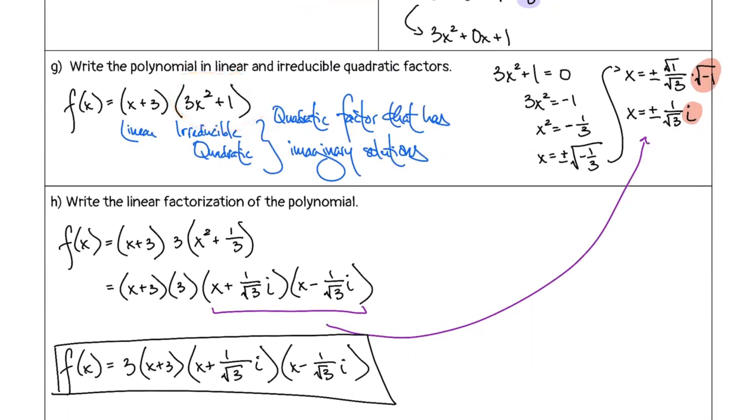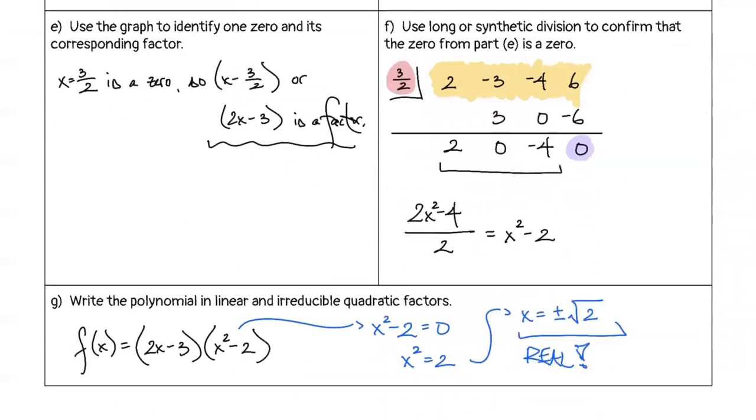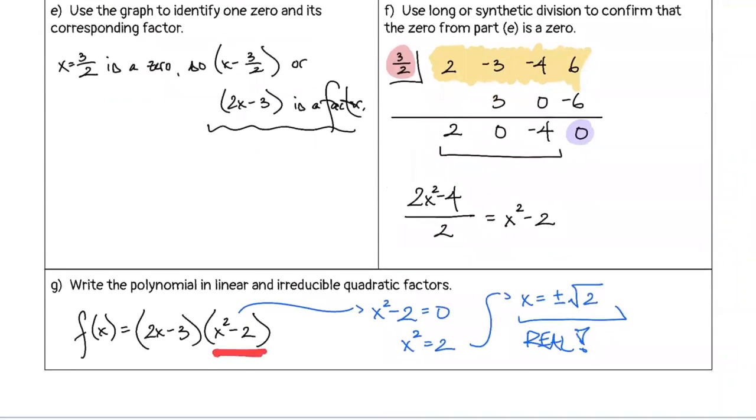So like this 3x squared plus 1, we were continuing to factor it, so it would be easier if we have this as a 1 instead of a 3. But if I look down below, the thing that I'm continuing to factor already has a coefficient of 1. So I wouldn't take anything out of there. If that makes sense.